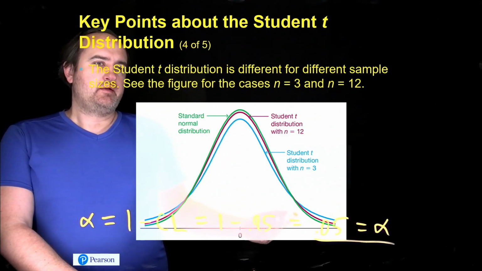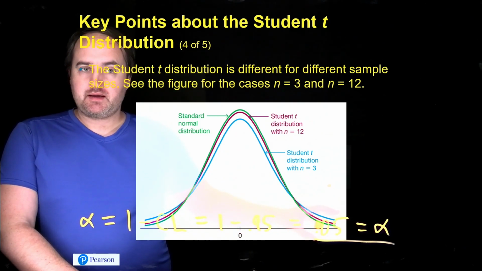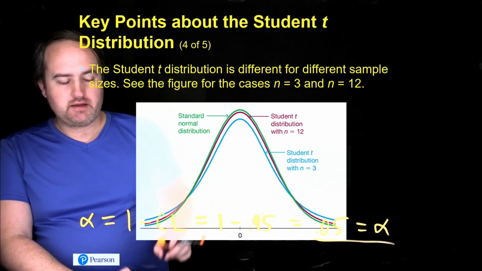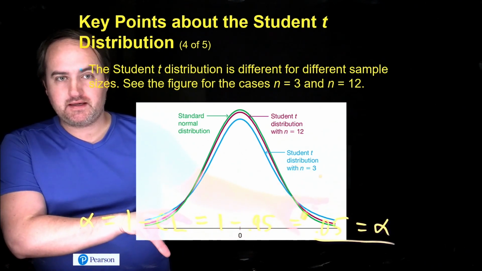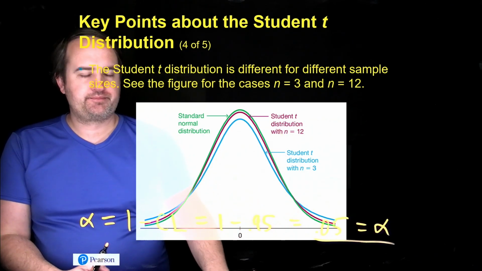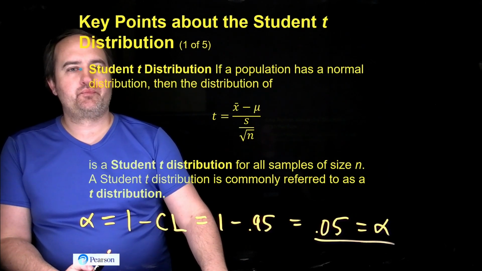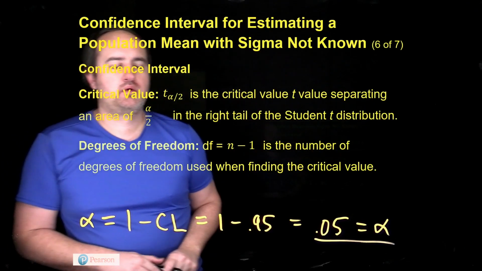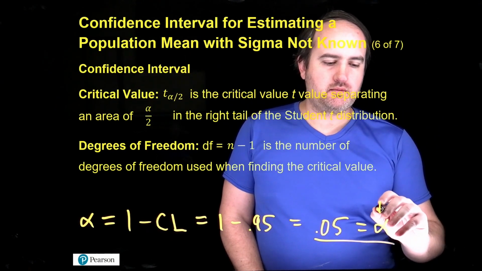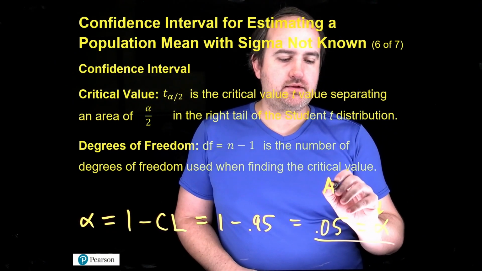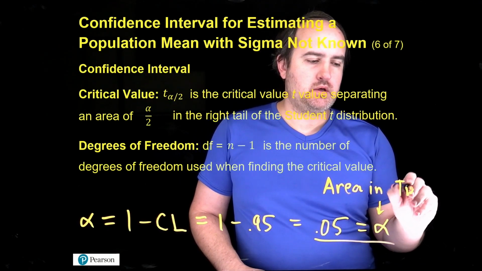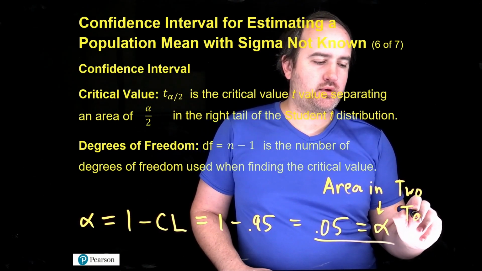If the area in your right tail is alpha over 2 and the area in your left tail is alpha over 2, then the area in two tails, the left side plus the right side, has to be alpha. So just remember, alpha is the area in two tails. We're going to need to use the area in two tails when we actually calculate the critical value.